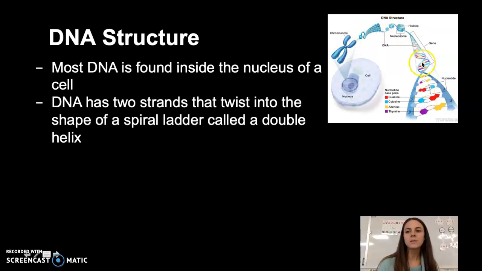So you probably have seen DNA in this double helix shape, this twisted ladder shape. And if you look closely, you have the sides of the DNA molecule, and then you have these colorful rungs of the ladder in between. Notice the red always matches with the blue, and the yellow always matches with the purple. That's going to become important in a little bit.